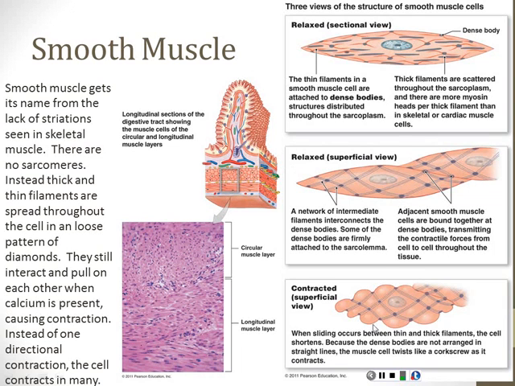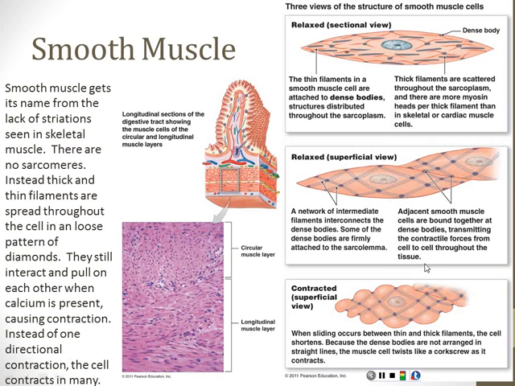So one of the things that makes smooth muscle different is it contracts in all dimensions at once. A skeletal muscle just gets shorter in one dimension, right? And a cardiac muscle, pretty much the same thing. It only gets shorter in one or maybe a couple of directions. Smooth muscle gets smaller in all directions at once.